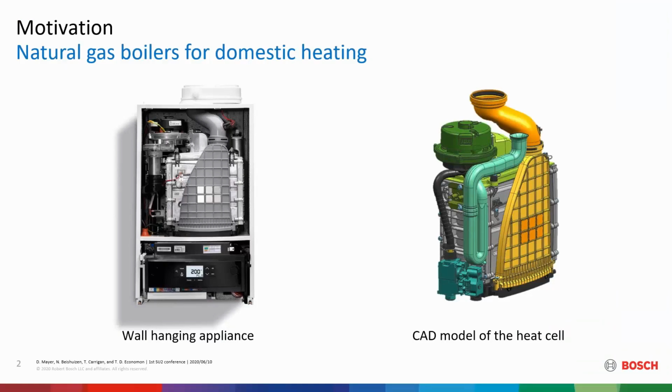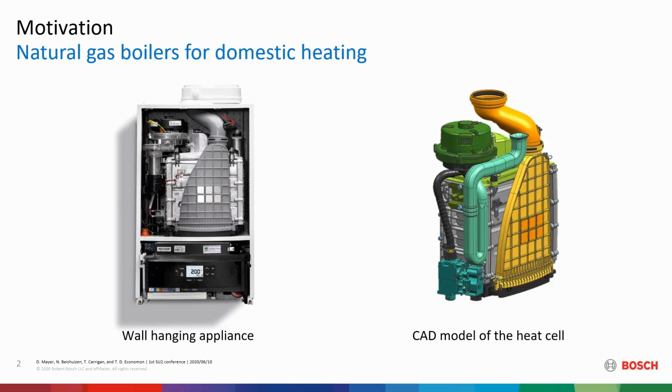The motivation for this work is based in natural gas boilers that are developed and sold by Bosch. On the left-hand side, you can see a wall-hanging appliance that is typically used in single-family homes or apartments. Our customers especially like the form factor of that appliance because it's small and you can put it into a kitchen drawer, for example, and it's also very quiet.